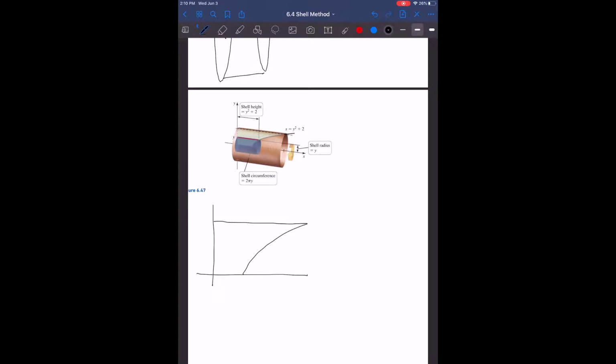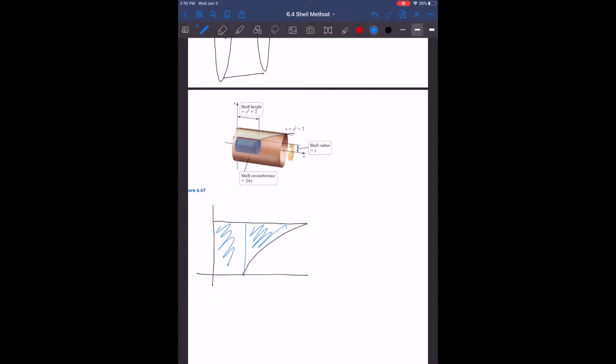Now, you can think about it, and we would be able to use the shell method or the washer method on this one in particular, right? We could break it up into two different parts. We would have this part right here where our bottom function is just the line x equals 0, and this part right here where we have the line and the quadratic, or the square root, excuse me.